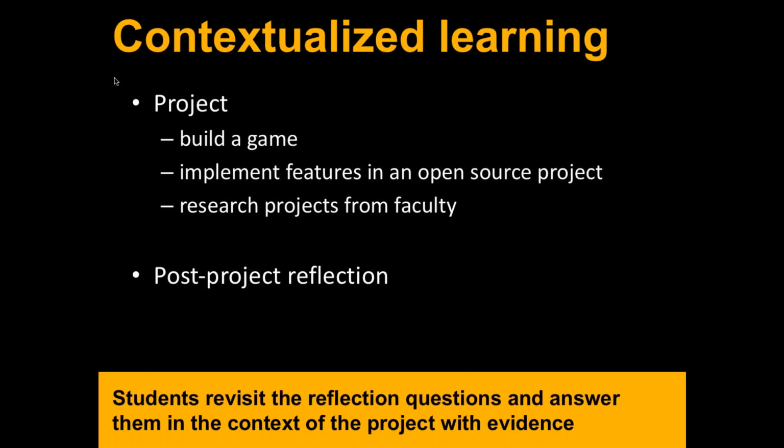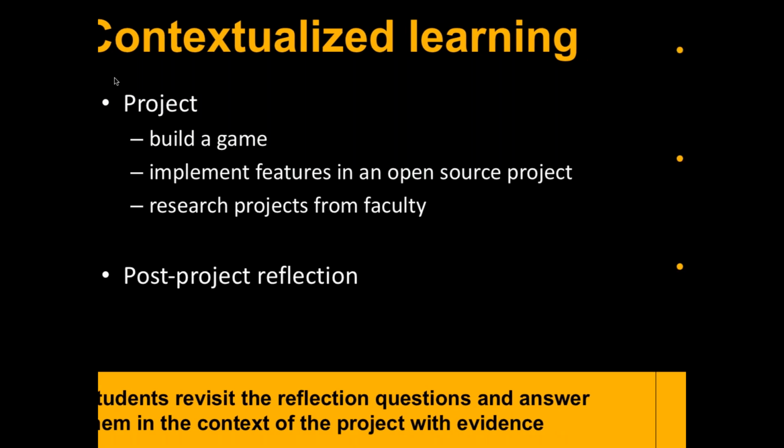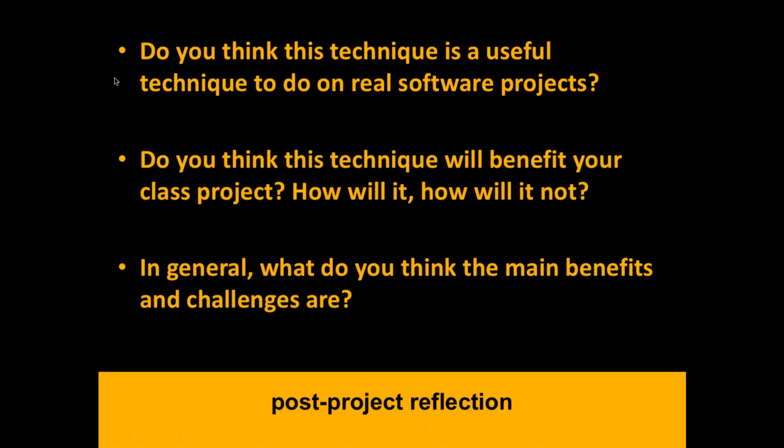They'll identify a particularly complex object with a lot of dynamic behavior and create a state chart for it. So that's where we are putting it into context and using it in the project, and then we do a post-project reflection again, wherein the same questions are revisited, but now more specifically how their experience was in applying it to the project.